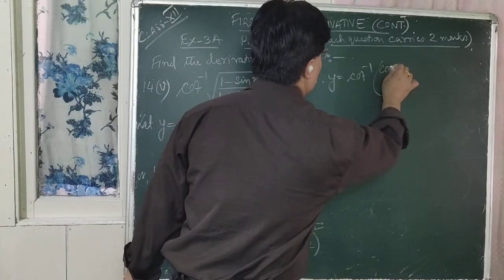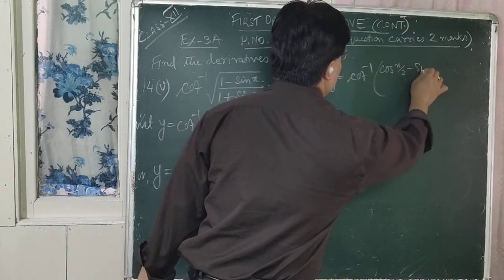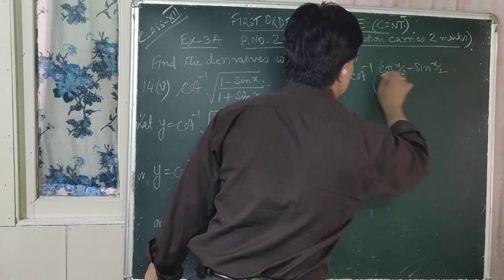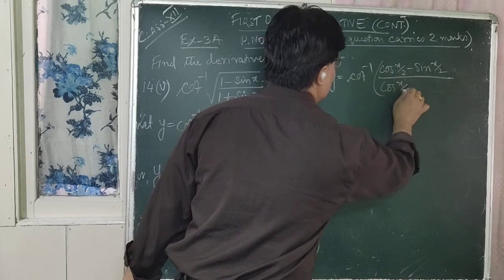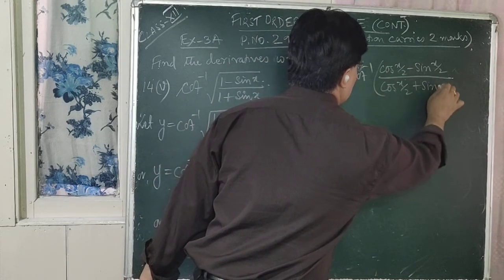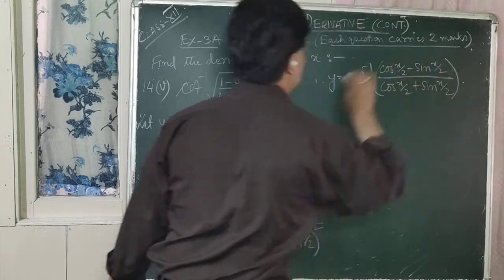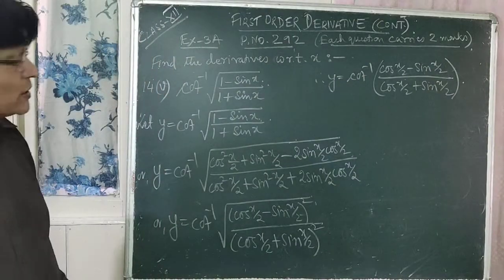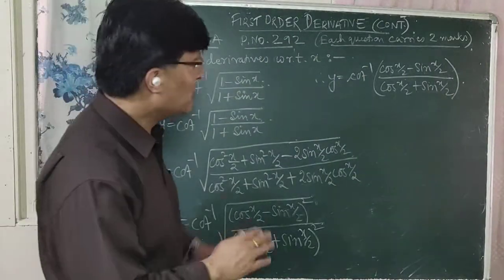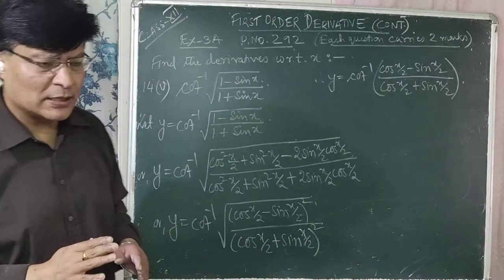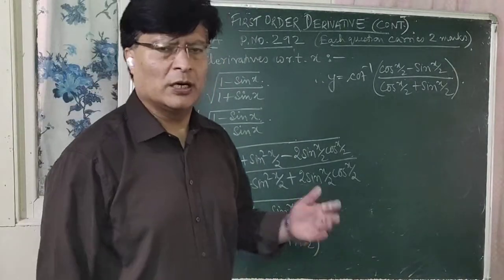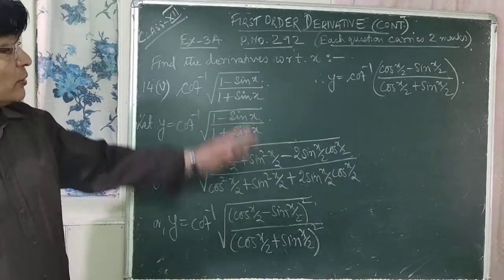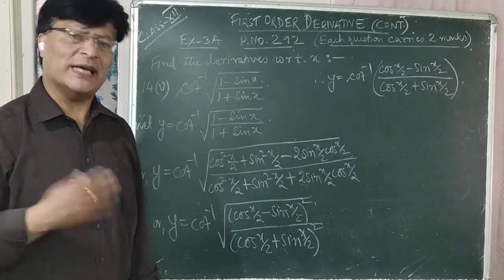It is cos x by 2 minus sin x by 2 divided by cos x by 2 plus sin x by 2. So is that clear now? Now again you have to use the formula. But if you convert cot inverse into tan inverse, it will be easier for you to use the formula, right? So let us convert this cot inverse into tan inverse.